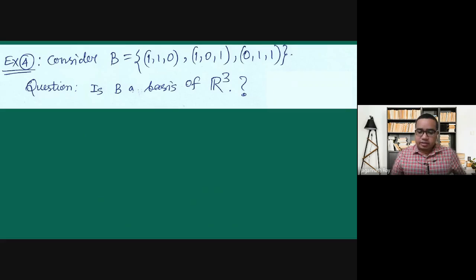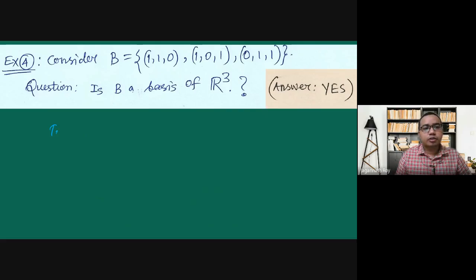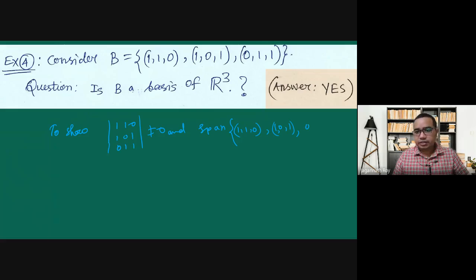The question is, yes, you just have to show that the determinant is non-zero. For the vectors 1, 1, 0; 1, 0, 1; and 0, 1, 1, the determinant is non-zero and the span of these is equal to R3, the three-dimensional real space.